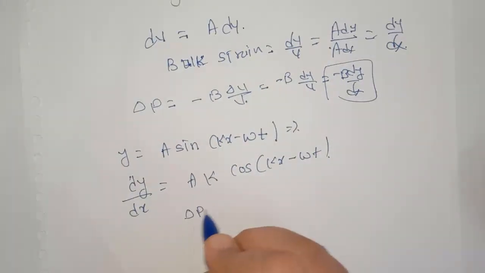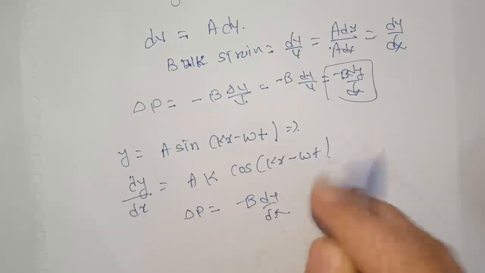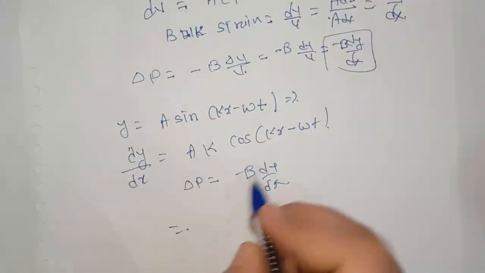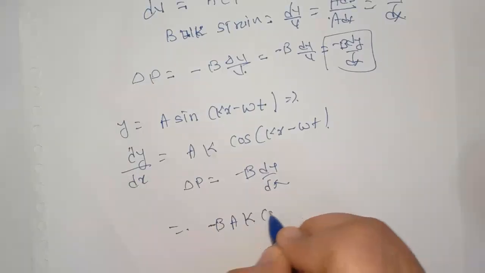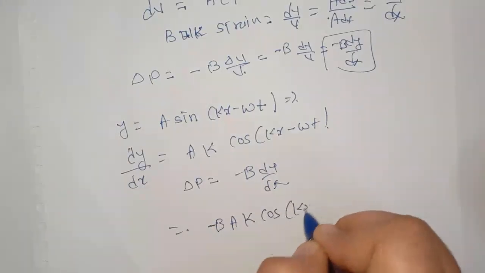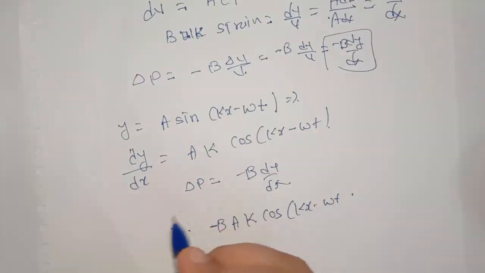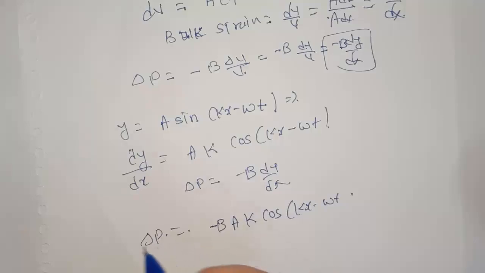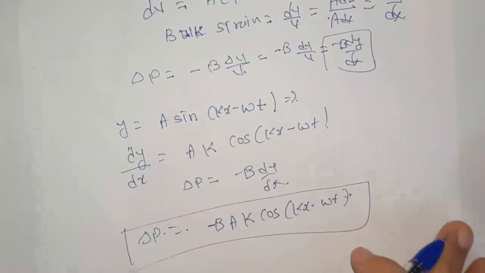As delta P equals minus B dy by dx, it can be written as minus B A k cos(kx minus omega t). So this is the pressure variation and it is represented as a wave.